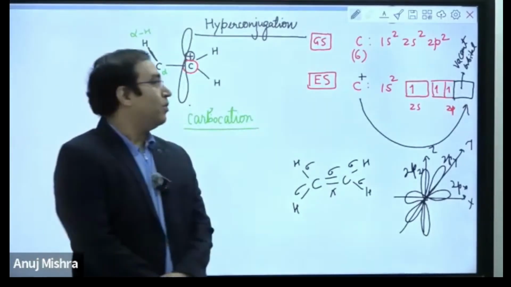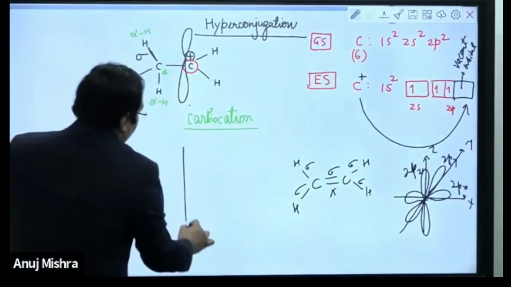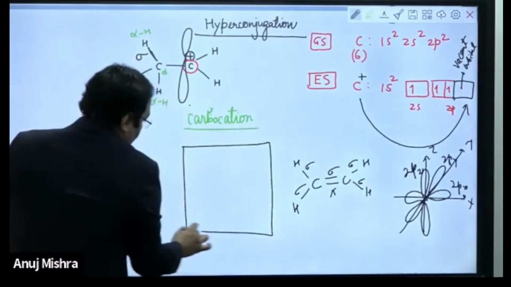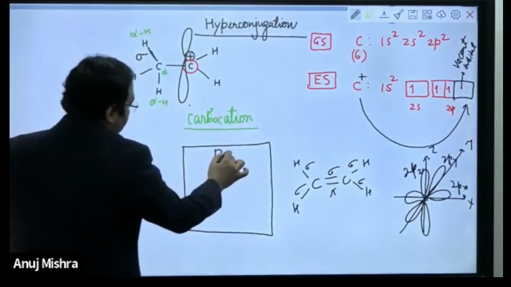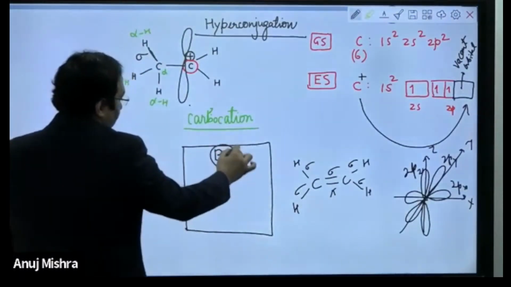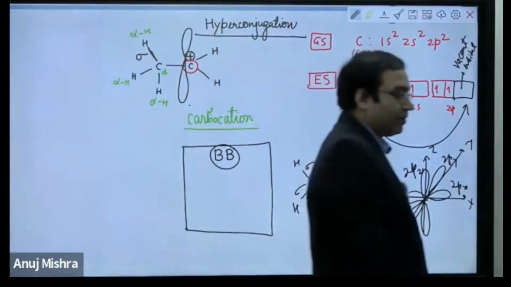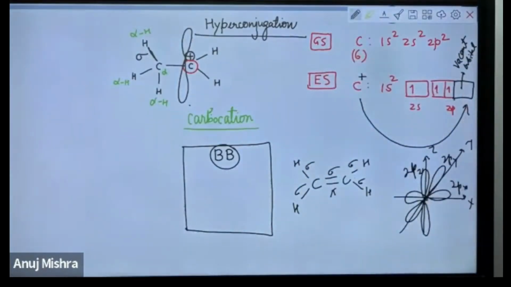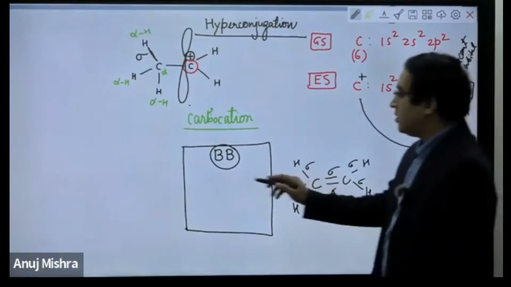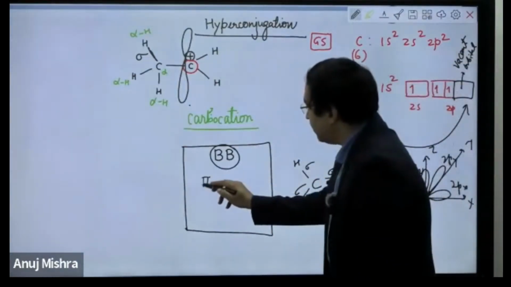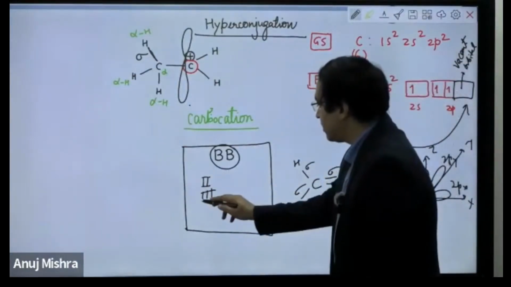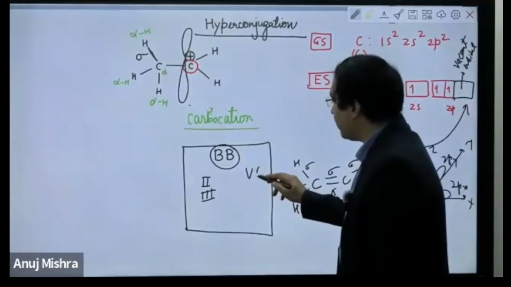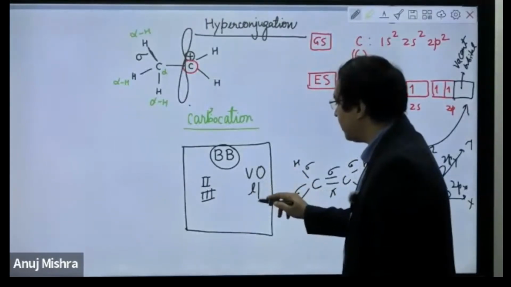So back bonding, in short, if I just quickly revise it, in this small box, write down back bonding. Back bonding is when, between second and third period members, one has a vacant orbital and the other has a lone pair.